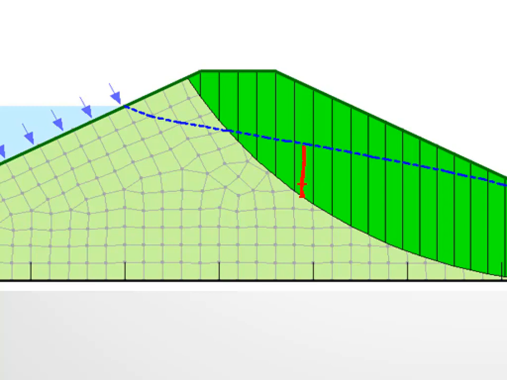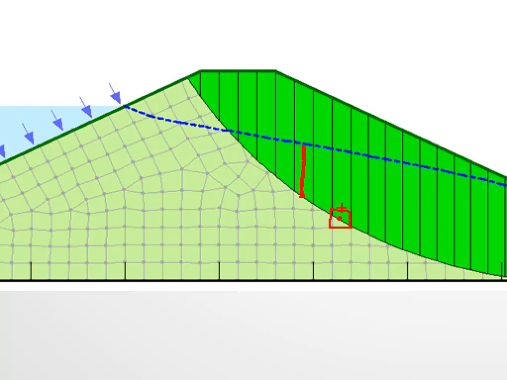In other words, stated in a different way, we do not import the blue line into SLOPE/W and use that to describe the pore water pressure conditions. What SLOPE/W does is it takes the base of the slice and finds which element the base of the slice is in.